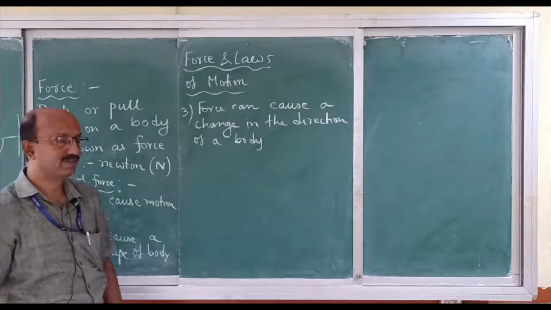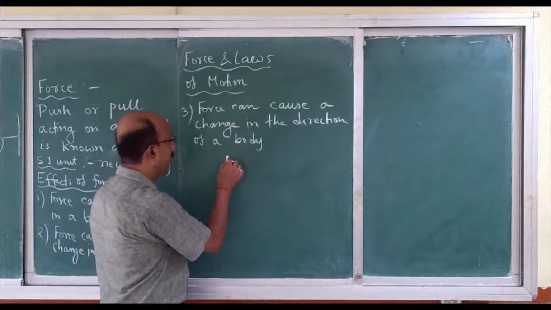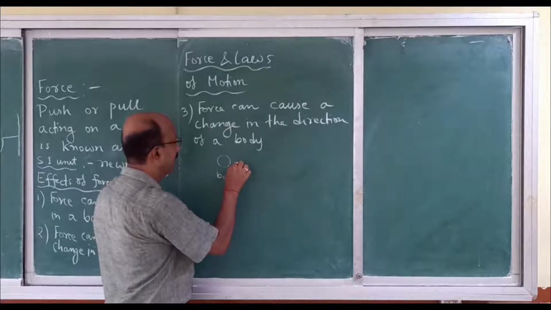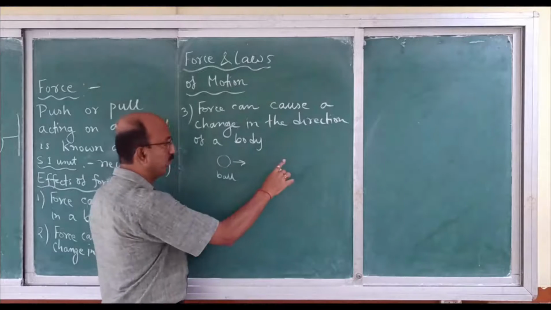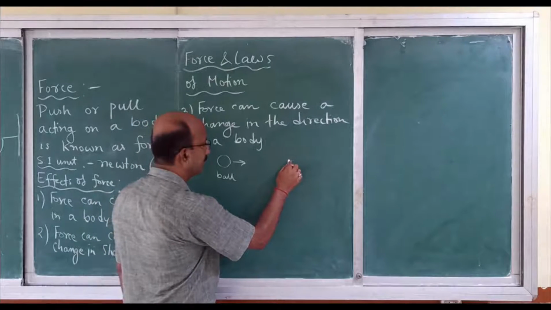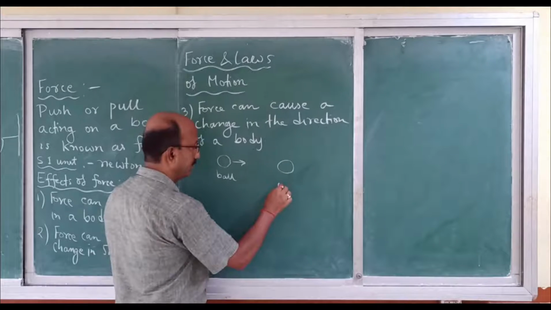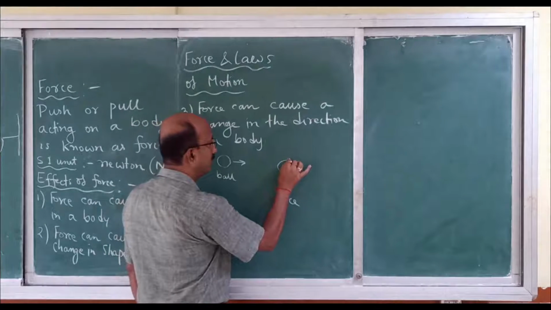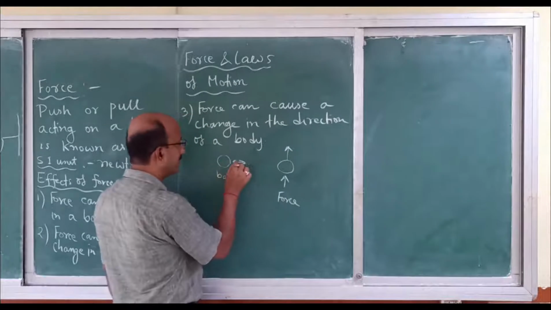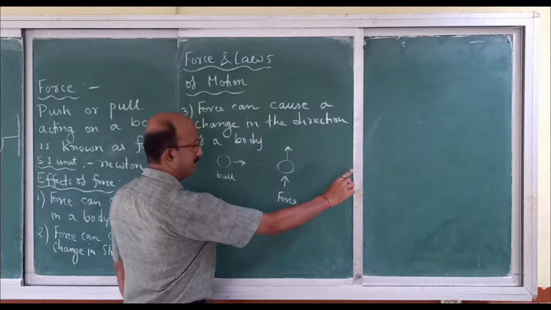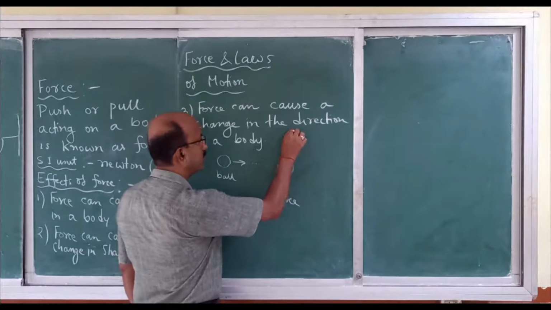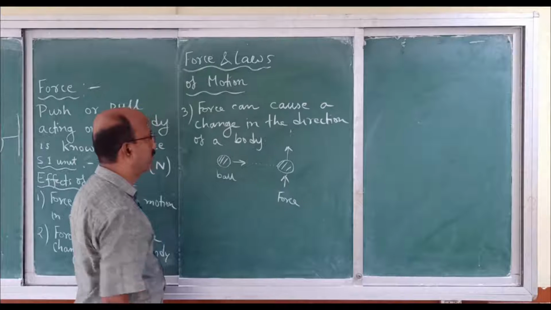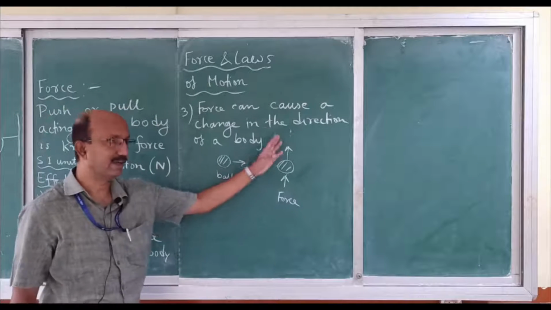Here you can see that if a ball is moving in this direction, when the ball reaches this position, you apply force on the moving ball. So now the ball will move in this direction. The ball was supposed to move in the earlier direction, but due to the application of the force, the ball now goes in a different direction. So this is an example where application of force causes a change in the direction of a body.